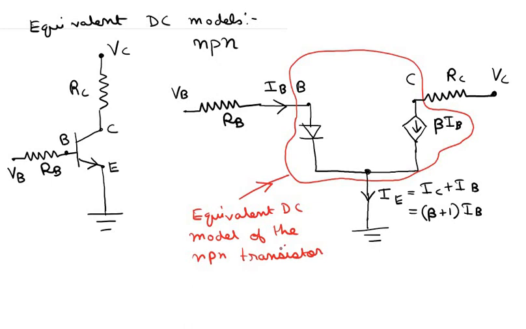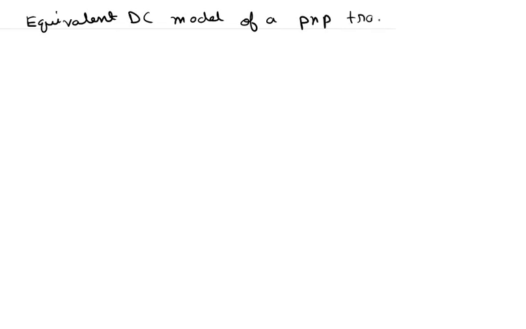Okay, in a similar way, we can also have the equivalent DC model of a PNP transistor. So let us actually draw a circuit of a PNP transistor. So equivalent DC model of a PNP transistor.